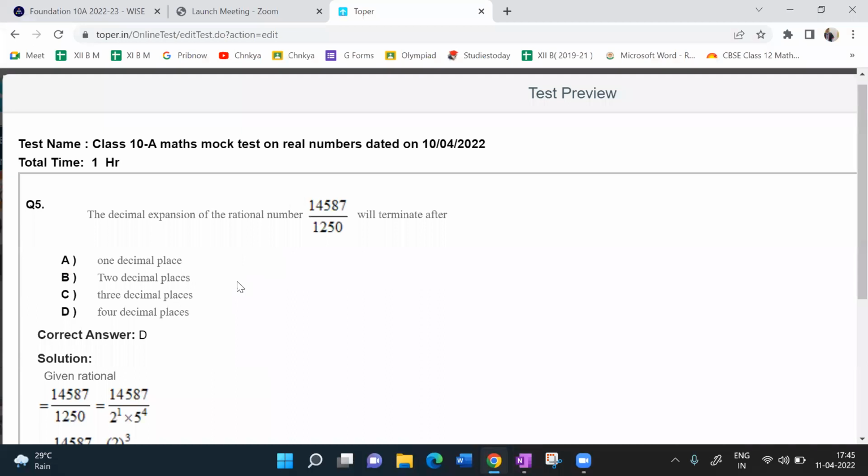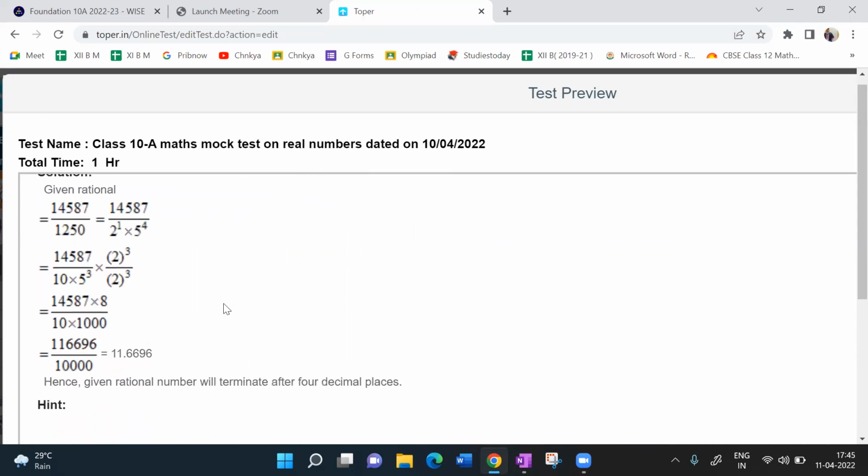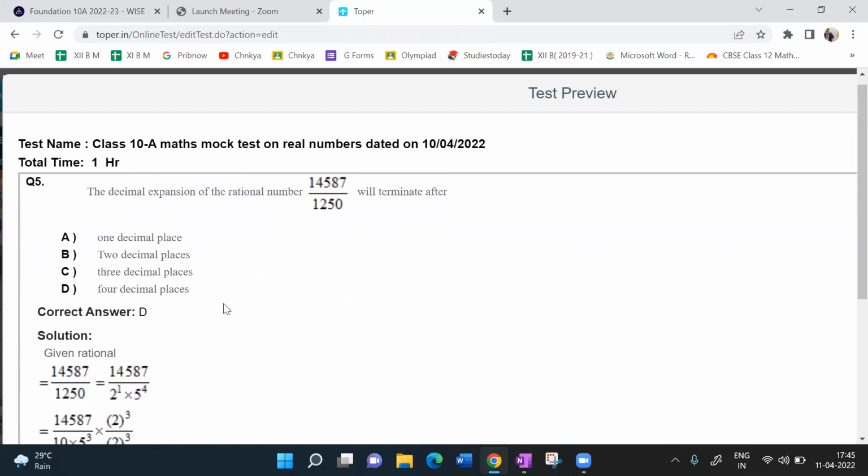The decimal expansion is what? Will terminate after how many places? 4, sir. It will terminate after 4 decimals. Yes. Look at this.